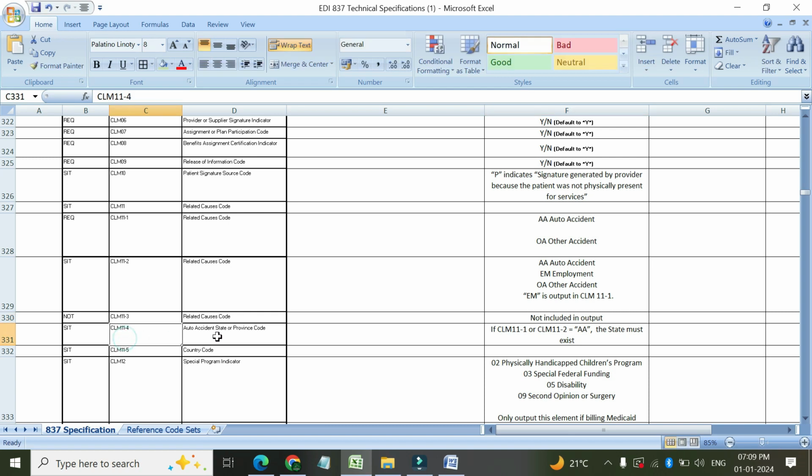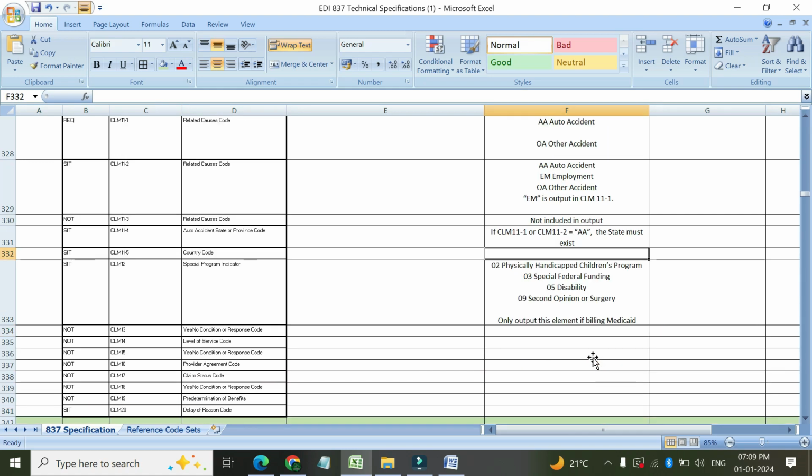CLM 11-4. So if it's an auto accident, anywhere in CLM 11-1 or 11-2, the state must exist. So the state code goes here in CLM 11-4. Country code is again blank, not required.